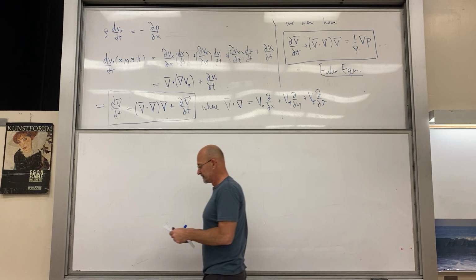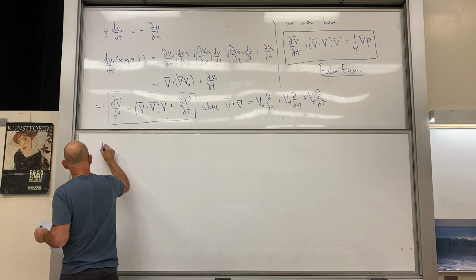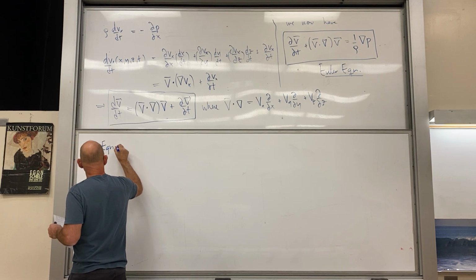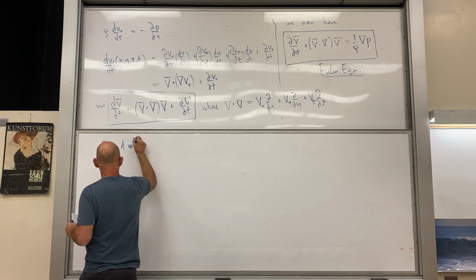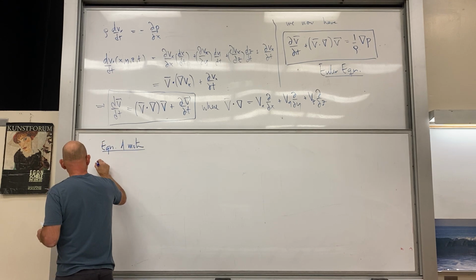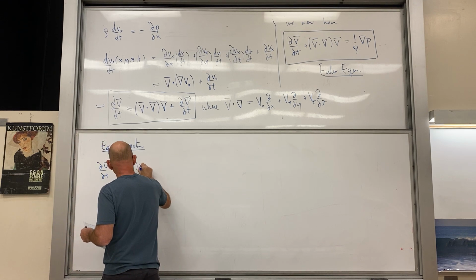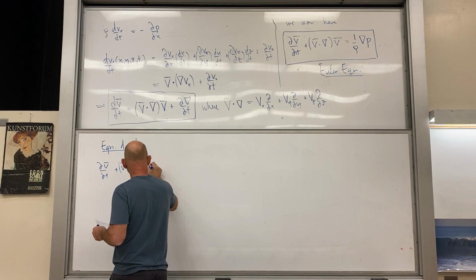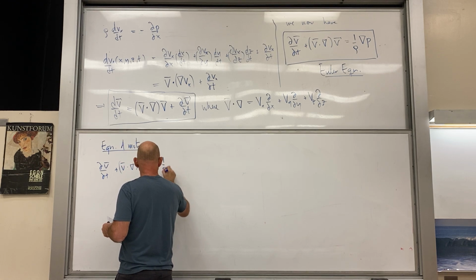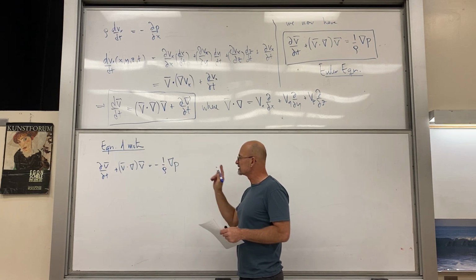Good. So now I'm going to rewrite that. Our equation of motion: dv/dt plus v dot grad applied to v equals minus 1 over rho gradient of P. So that's the first thing.